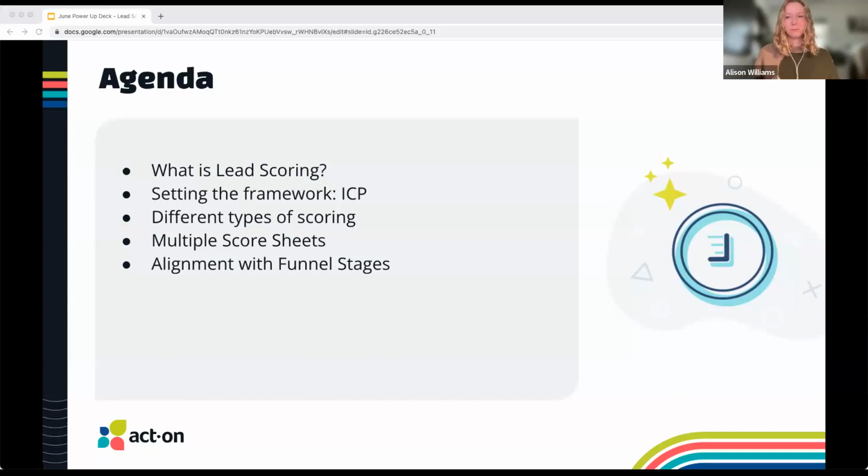It's okay if you don't. We'll dive into that too. We'll talk through the multiple ways that you can apply lead scoring, whether that's through behavioral versus profile lead scoring or using different score sheets in Act On. And finally, we'll take a look at how this all ties back into the marketing funnel that I know you've all seen before.